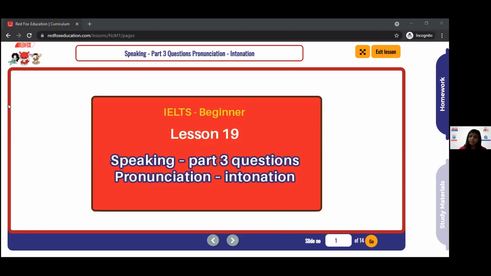Before that, one step before that, let's first talk about IELTS for those who are new here. IELTS is an exam that you give when you want to go abroad, and you have general and academic IELTS. General IELTS is when you want to migrate or when you're looking for a job abroad, and when you want to study at a university, you take the academic IELTS.